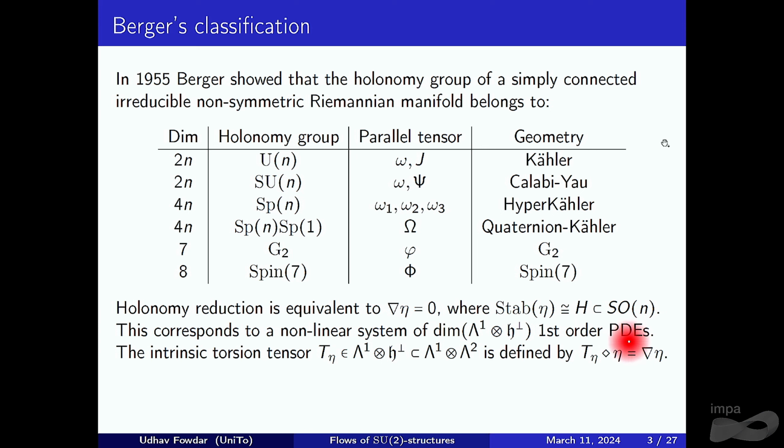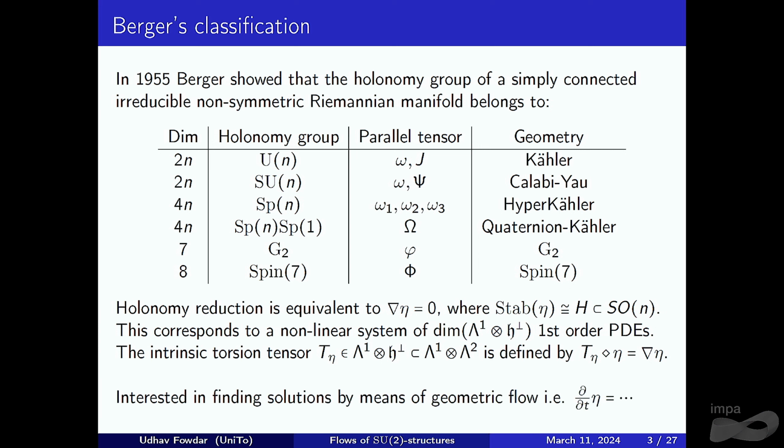Here, diamond is simply the standard endomorphism action. So you think of the torsion tensor as a one form. Once I feed in a vector, I get a two form, and I think of this two form as an endomorphism, and I can naturally act on my tensor eta. And this is precisely what I would like the covariant derivative to be. Okay, so that's what the intrinsic torsion is. And the holonomy problem is simply asking that T here vanishes.